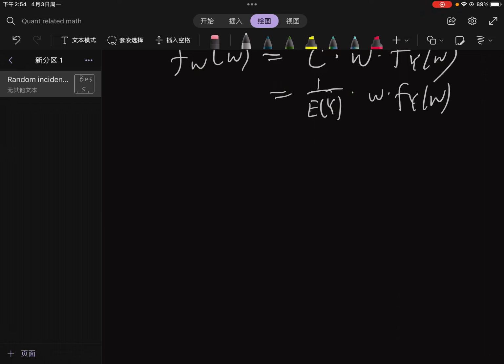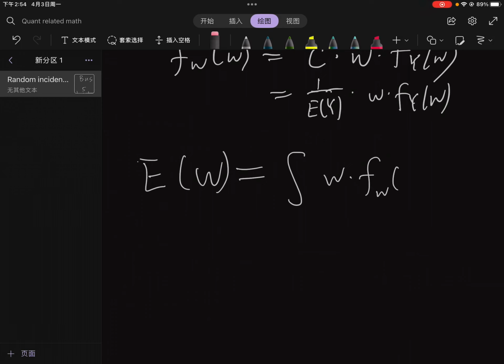And then what we want to do is find out what's the expectation of this W, right? Because now we know the PDF. So the expectation of W is equal to the integral of w times f. Maybe I use another notation, it's easier to see.